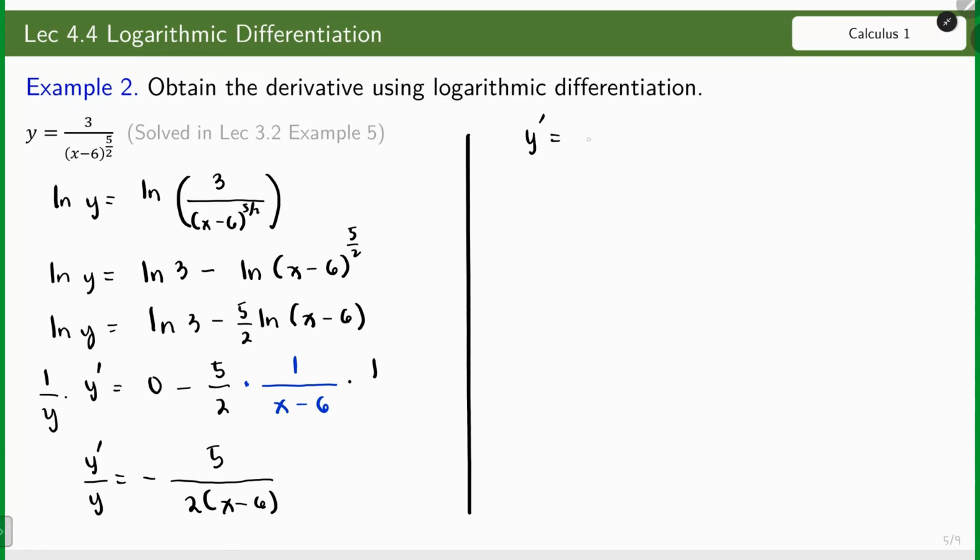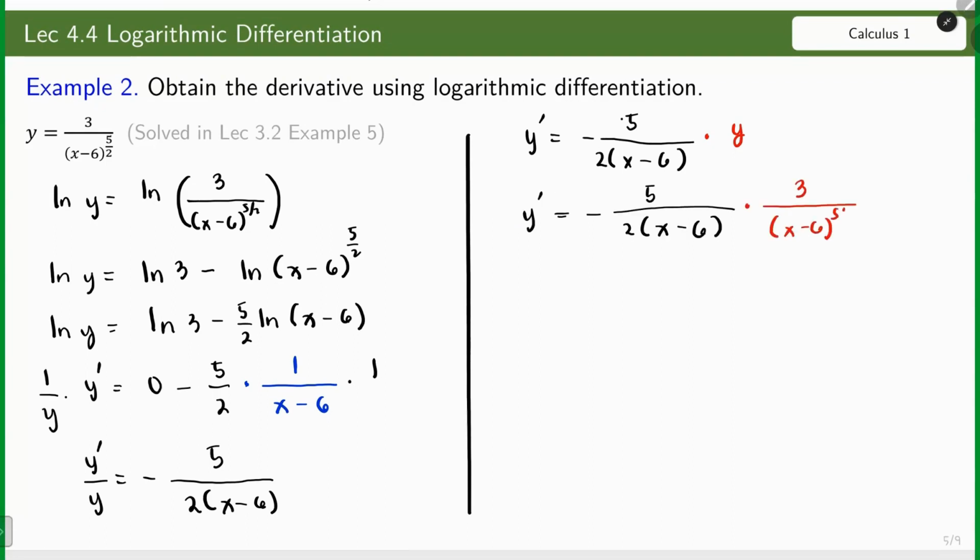We have negative 5 over 2 times the quantity x minus 6, and then this is the y. Substituting back the y, we are going to combine the x minus 6 using multiplication of fractions. The final answer will be positive 15 over 2 times the quantity x minus 6 raised to 7 over 2. This is the derivative of y with respect to x using logarithmic differentiation.